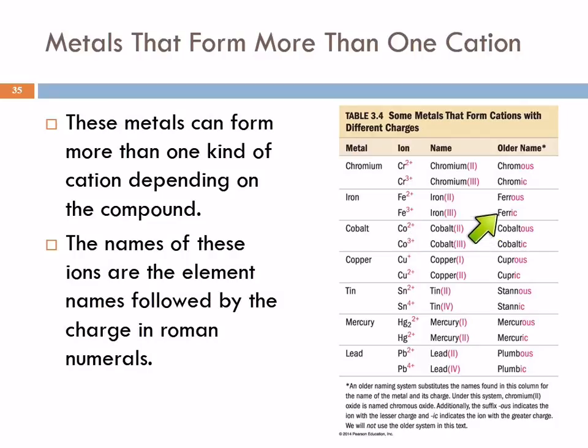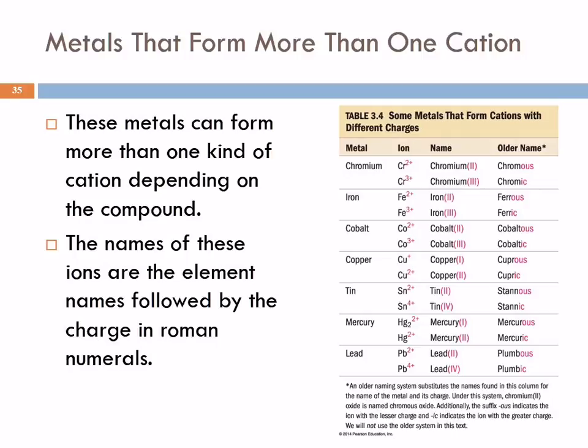There's an older system using the suffixes -ous and -ic. So ferric would be the Fe3+, and here they've reverted to the Latin names, and ferrous would be the smaller number. You should be aware that those exist. They might show up in a worksheet or somewhere, and you can just look them up and see what they are.